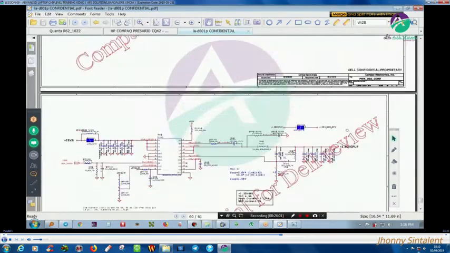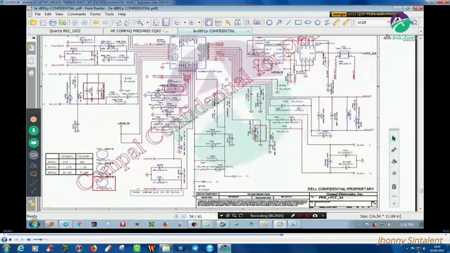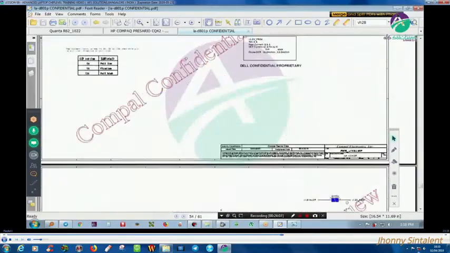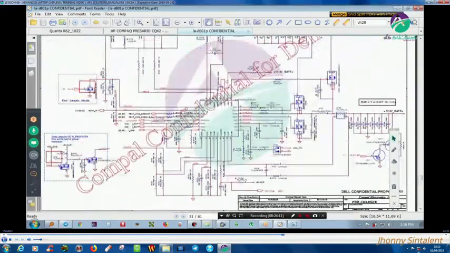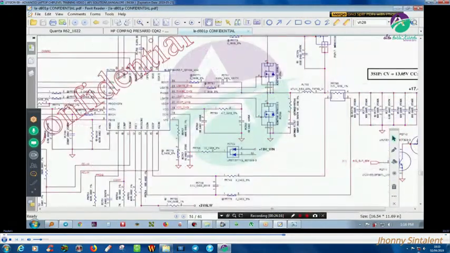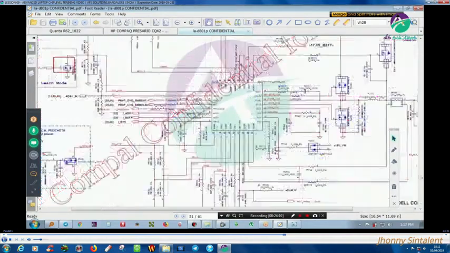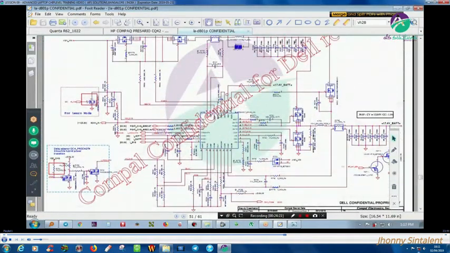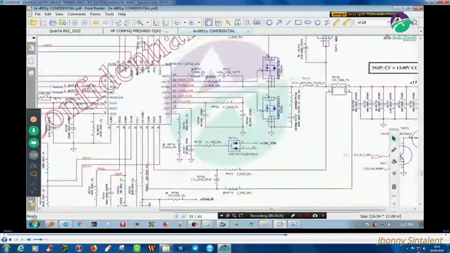But due to the architecture requirements, the Vin voltage will be converted to 13 volts. Here also it is showing 17.4 volts only. Same architecture: D801P, D701P, D071P, same architecture.